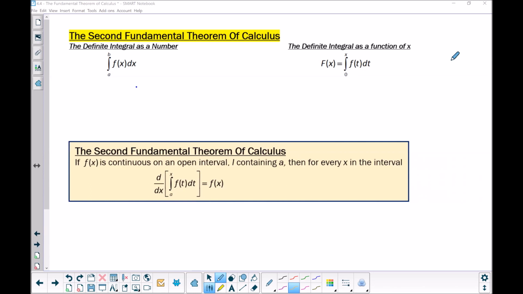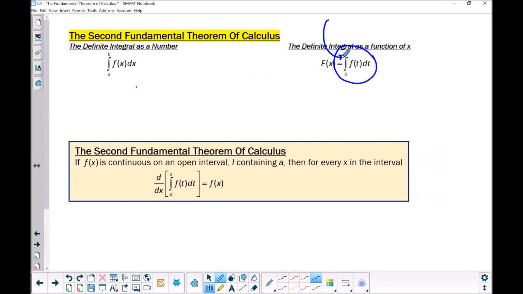Well, just so you know, it is possible to do some really weird things to these. Instead of putting this upper boundary as a numerical quantity, we could put the upper boundary as some unknown value. Maybe we don't know how far to go up from 0. Maybe we want to figure out what that needs to be in order for something to happen.